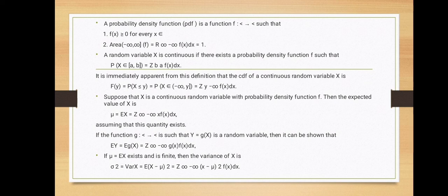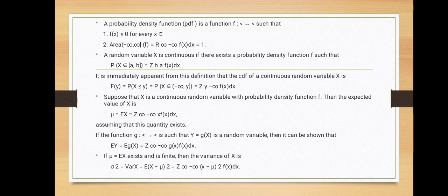The first definition: a probability density function is a function f: R → R such that first, f(x) ≥ 0 for every x ∈ R. The second is the integral from −∞ to ∞ of f(x) dx equals 1.